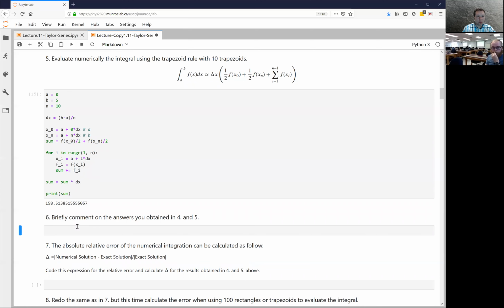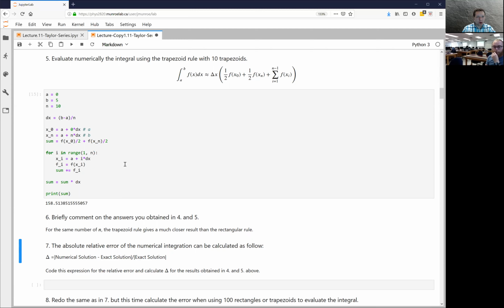So if I say, comment briefly on your answer, all we're really looking at is some statement like, for the same number of n, the trapezoid rule gives a much closer result than the rectangular rule. And you don't need to make the n look fancy, it's just how I tend to type things out, right? Why would that be true?